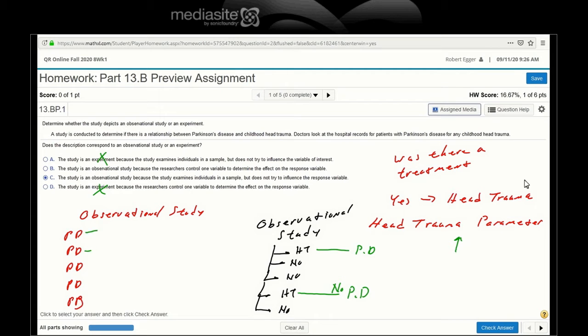They looked at the records and looked for childhood head trauma, to see if there's any kind of a pattern or any kind of a correlation between the probability of having head trauma resulting in Parkinson's. Okay. And one of the results of that study is if the study did show that, hey, head trauma and Parkinson's disease have a correlation.